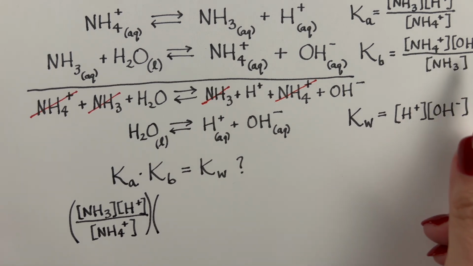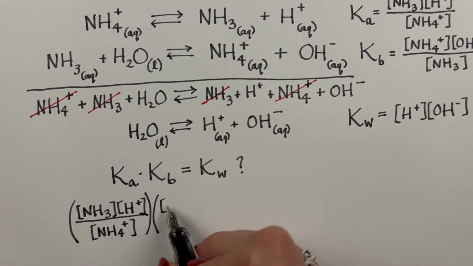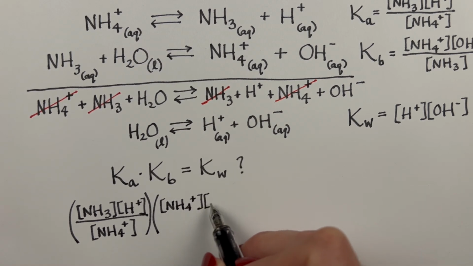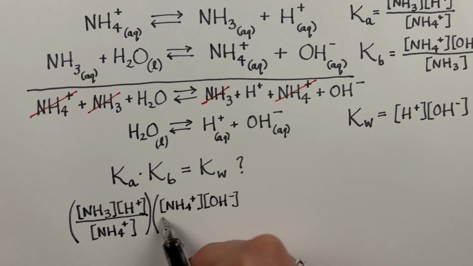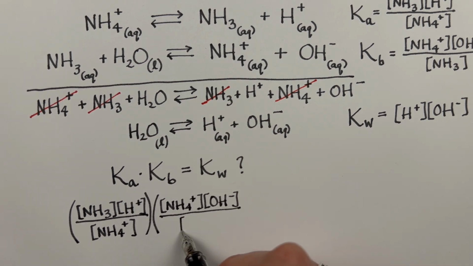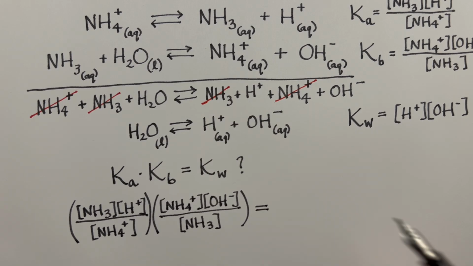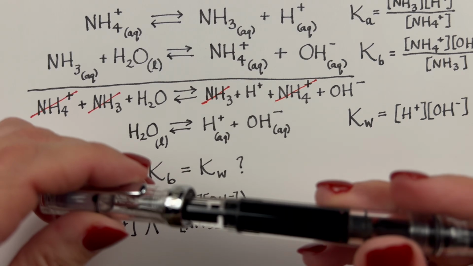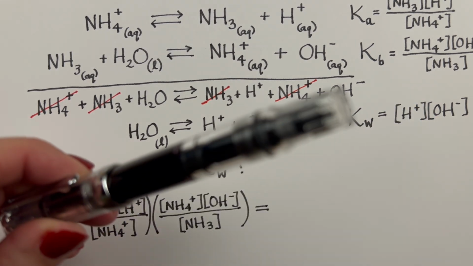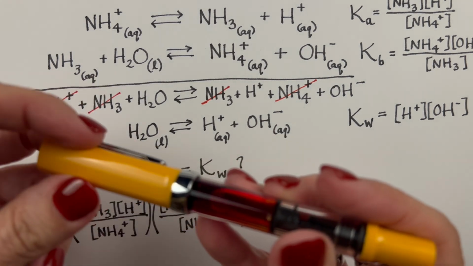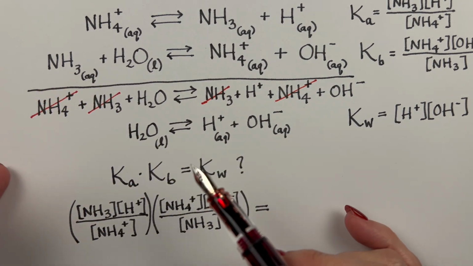Let's multiply it by the Kb, which is NH4 plus, there's our hydroxide, and here's our NH3. Okay, what does this equal? Well, let's look. I'll get my red pen again. That was kind of fun to cross those out. Okay.